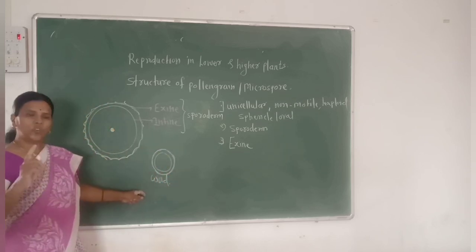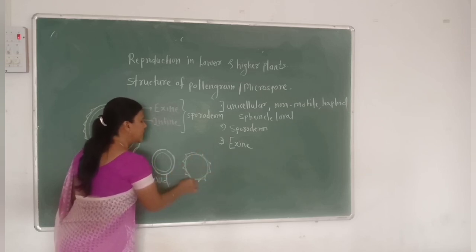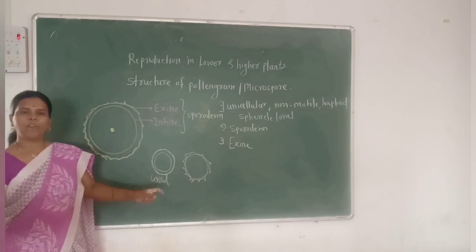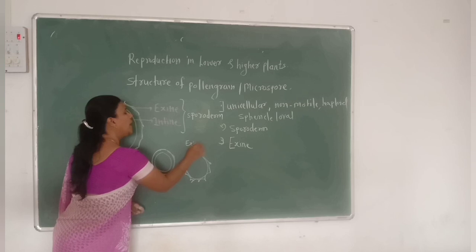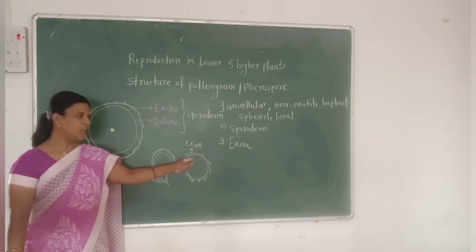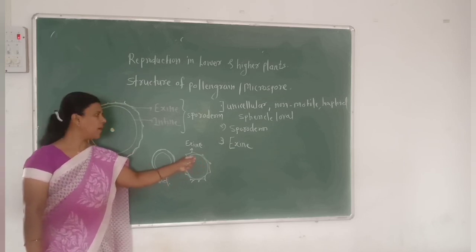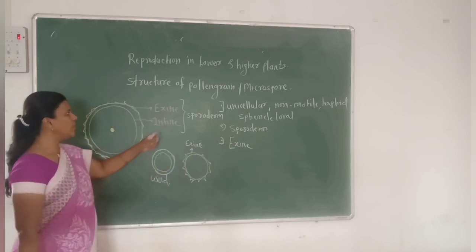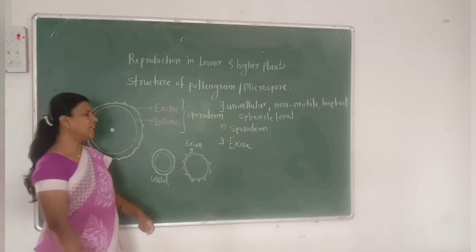While in those plants in which pollination takes place through the agency of insects, that is in entomophilous types of plants, this exine is spiny in nature. Due to this spiny nature, these pollen grains easily stick to the body part of that insect. So exine is smooth or it may be spiny in nature.